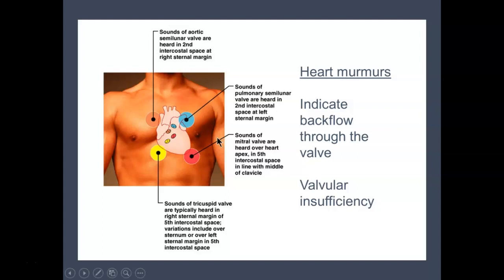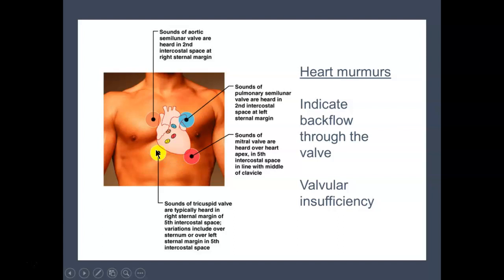If you move right here, fifth intercostal space, and that of course is on the right side, and here you hear the tricuspid, or I'm sorry, that's on your left side. I'm not thinking as I'm doing this, I'm reading ahead.